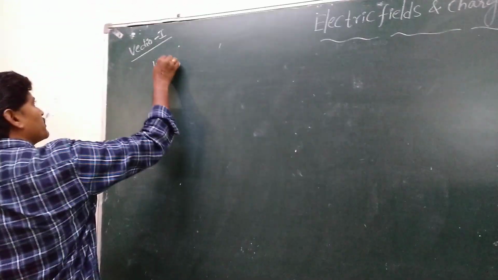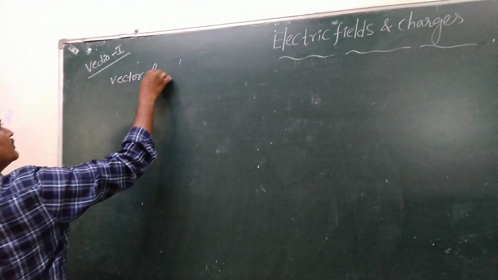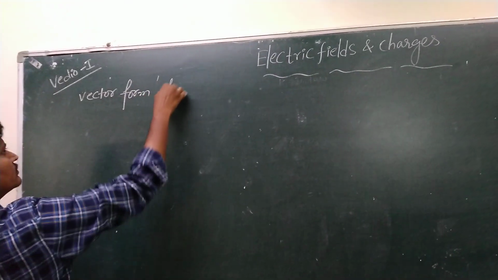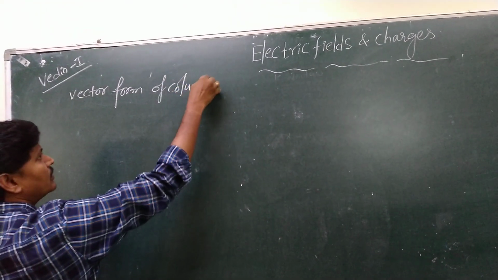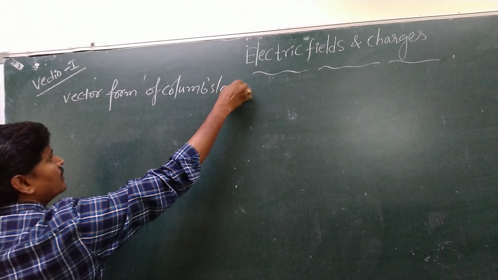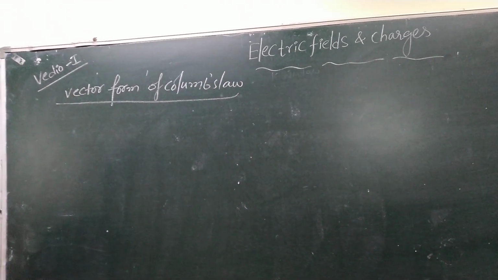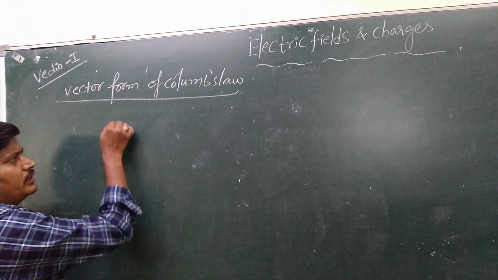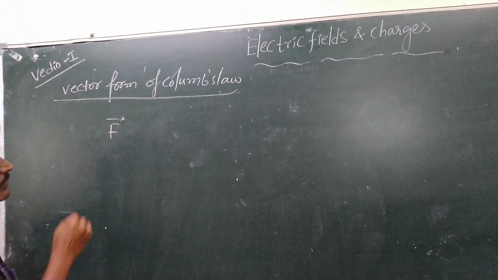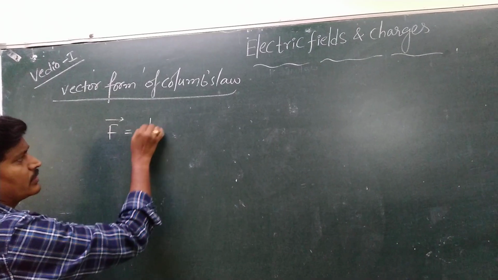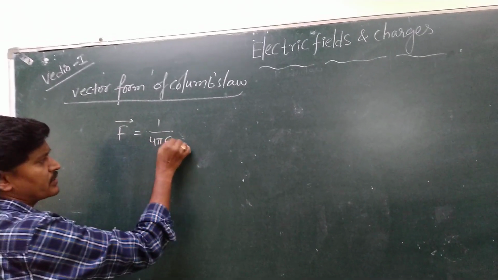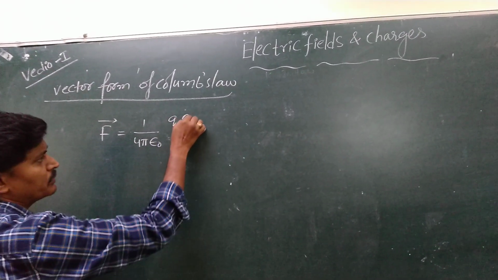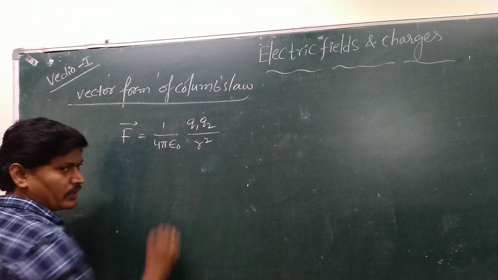Coulomb's law, vector form. Actually, here the electrostatic force between two charges, the formula F is equal to 1 by 4 pi epsilon naught into q1 q2 divided by r square.